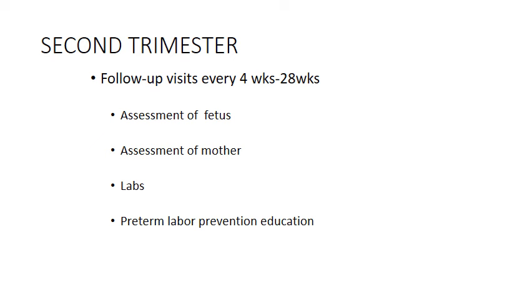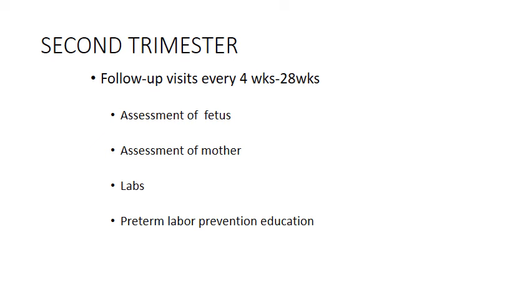They're going to do Leopold's maneuver to see where the baby is, where the head is, what position it is in. And they're going to assess the mother: weight gain, is she gaining too much, is her blood pressure getting too high, edema. About 15 to 20 weeks they do maternal serum alpha fetoprotein, and a 1 hour glucose tolerance test between 24 and 28 weeks.